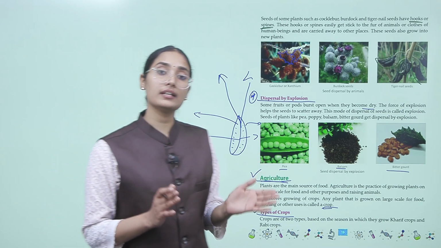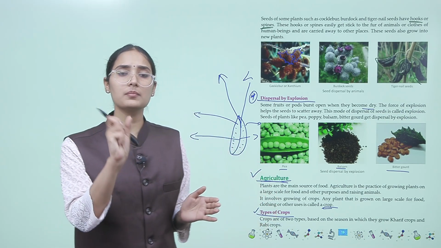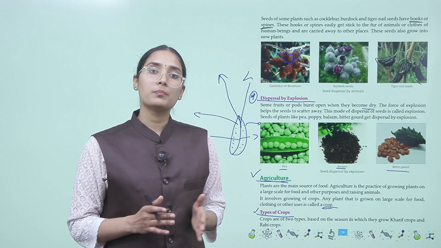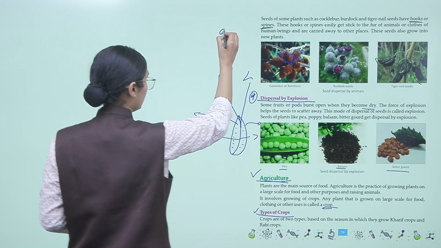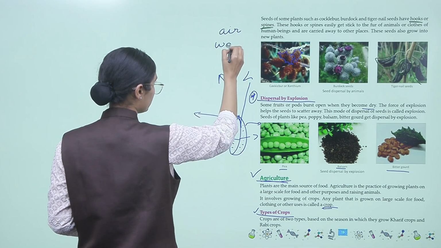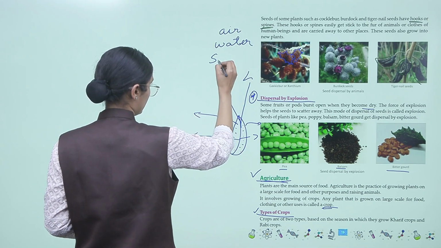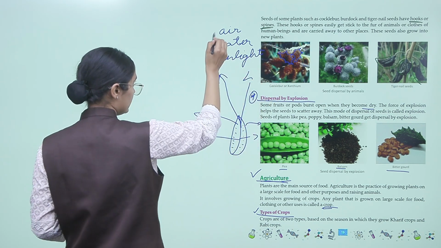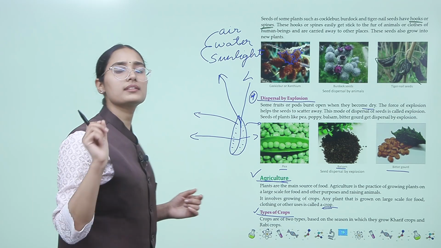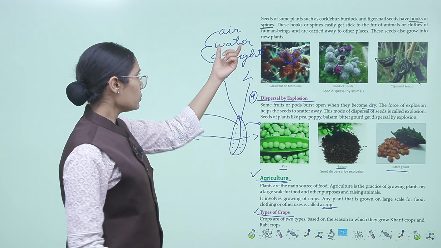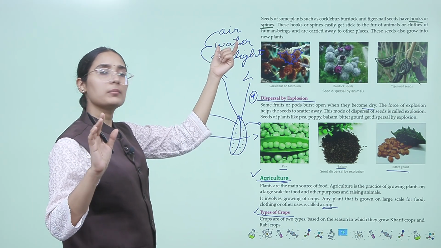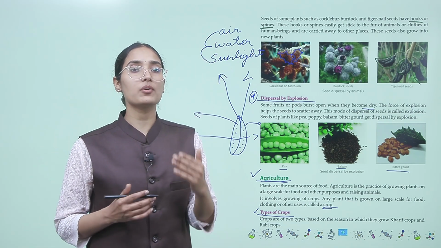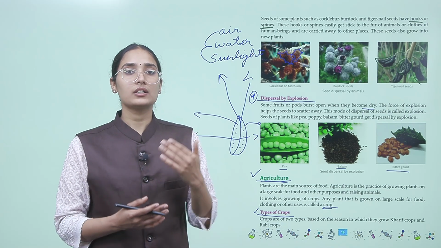As we discussed earlier, seeds need a particular type of environment to grow, the right environment. So, besides air, water and sunlight, if we break these three things into simpler things, are you able to see that air, water and sunlight depend upon the type of season going on?